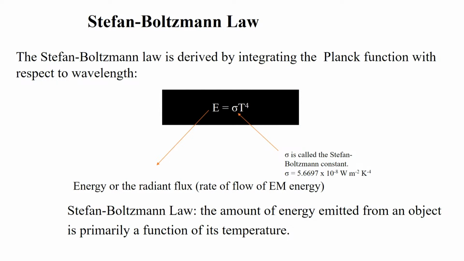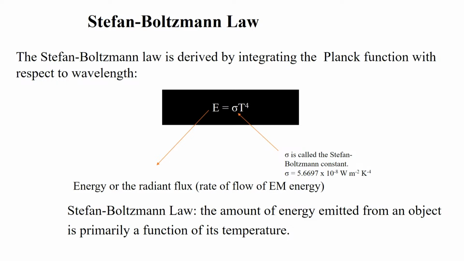Now we are going to talk about the Stefan-Boltzmann law. This law tells about how the energy is calculated as a function of temperature. This law is derived by integrating the Planck function with respect to wavelength.